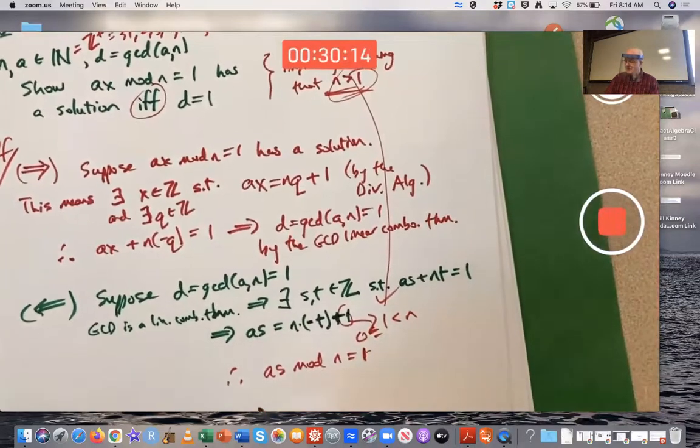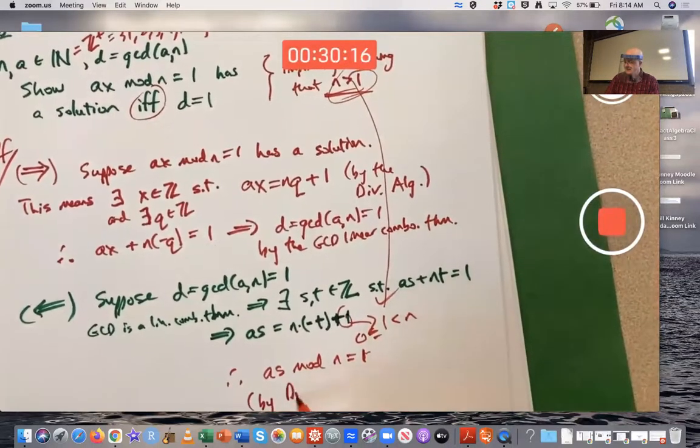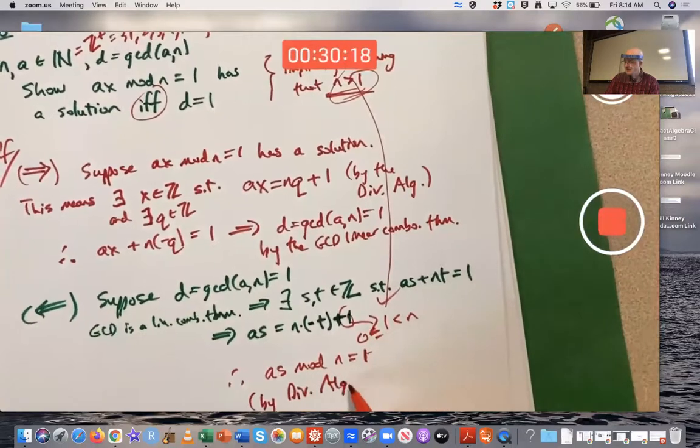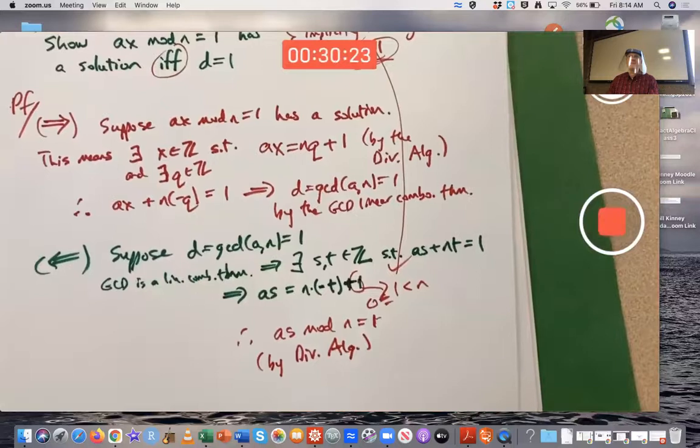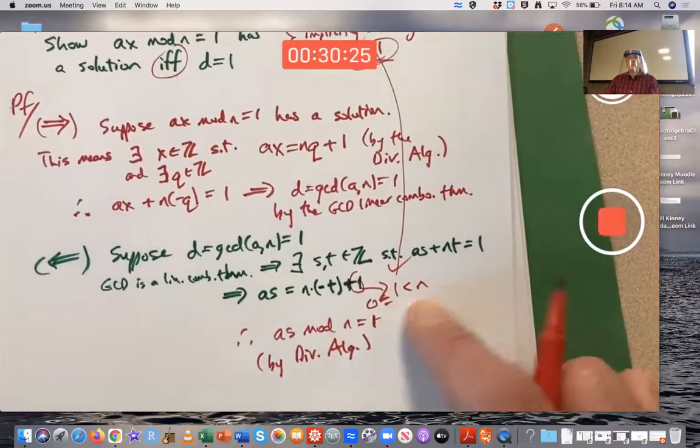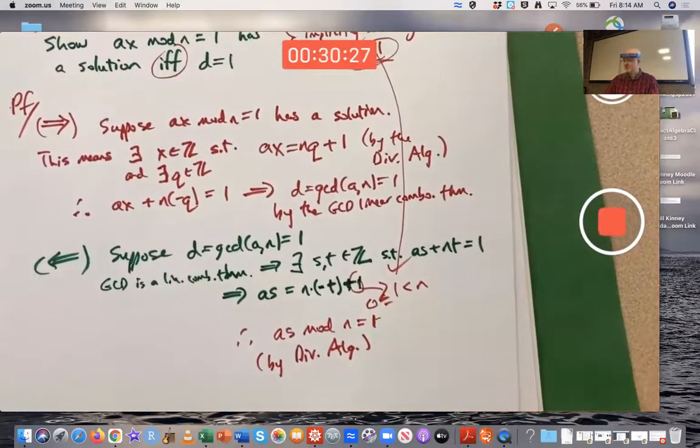By the division algorithm, that remainder is unique and it's greater than or equal to 0 and less than what you're dividing by. And yes, so n does need to be bigger than 1 here. Which I think in my answer key, I didn't notice, I didn't think about it. So that was a flaw, not only in the book's description of the problem, but also in my answer key.